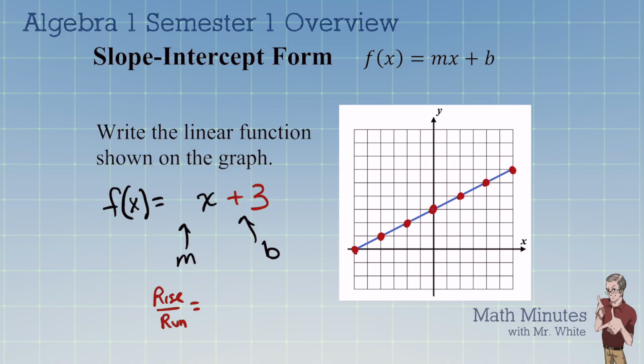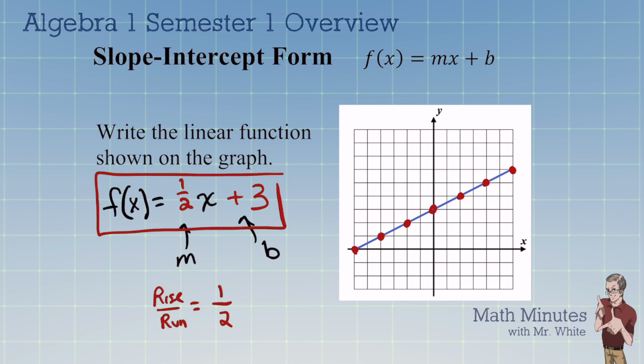That sure looks like it goes up 1 to the right 2 every time. So that's the ratio. Okay, that's the proportionality of this line. It's a 1 to 2 relationship starting at 3. So we put that slope in there, and we have just written the function described by the line, or we've just written the function that would generate the line if we were to graph it.